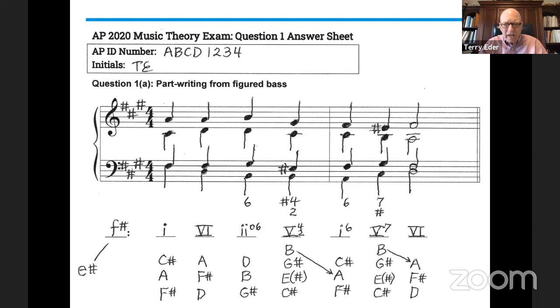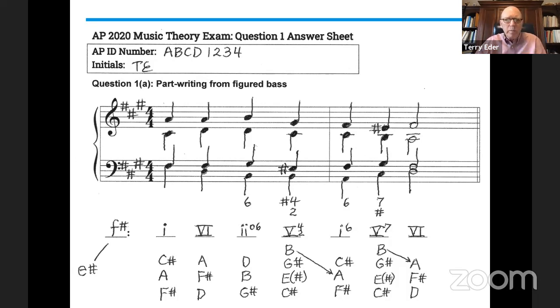The tenors have one skip there, if we want to call it a skip of a third, from G sharp down to E sharp, from the third beat of the first measure to the fourth beat. But other than that, it's all conjunct, stepwise motion.